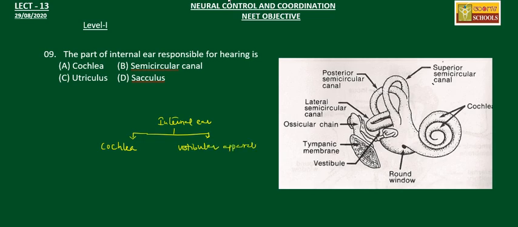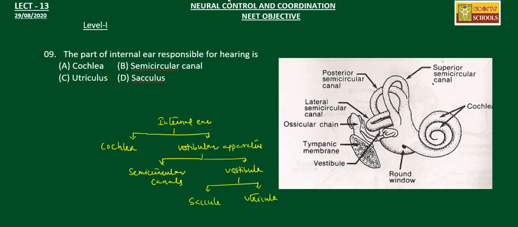So this vestibular apparatus consists of semicircular canals and vestibule. And this vestibule consists of two parts, that is saccule and utricle.